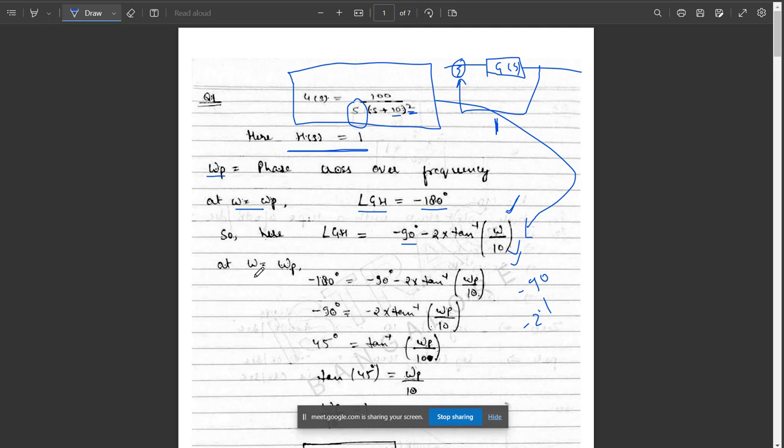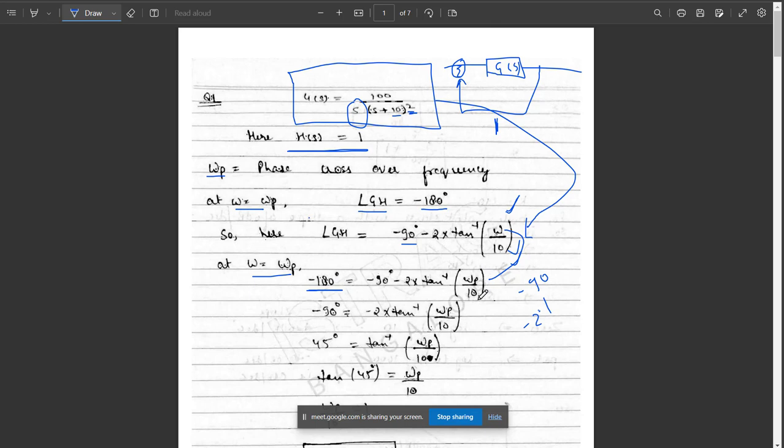So here at omega equals omega p, we know that it's a phase crossover frequency, so the whole phase will be equal to -180 degrees. So we'll equate -180 degrees to this equation, which is -90 degrees minus 2 tan inverse. In place of omega, it's omega p, because only at the phase crossover frequency the overall phase is -180 degrees, right?